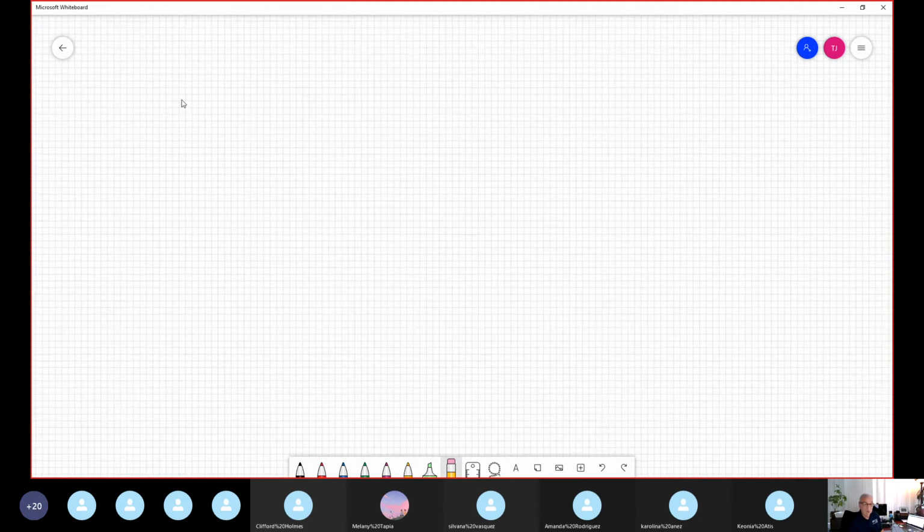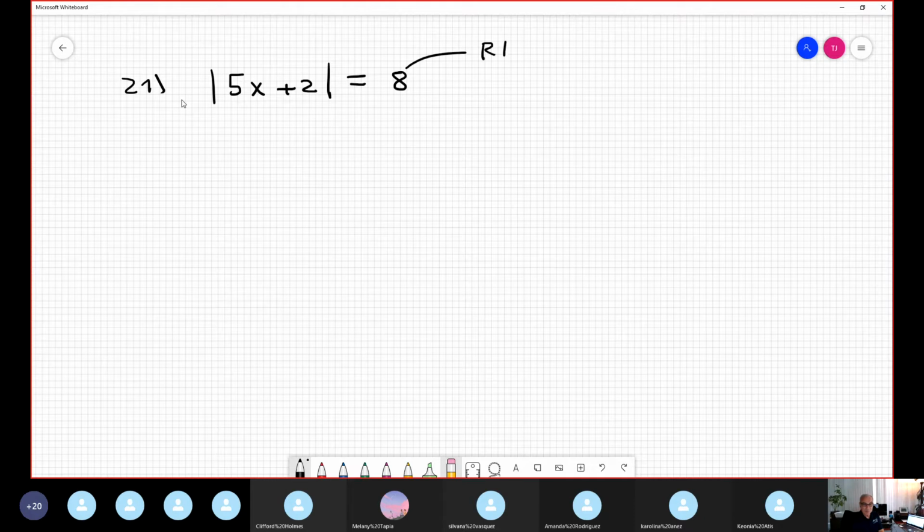But it's easy. Look, 21 first. 21 is absolute value of 5x plus 2 equal 8. Okay, let's do it. For this equation, keep in mind to analyze if the right hand side is positive.